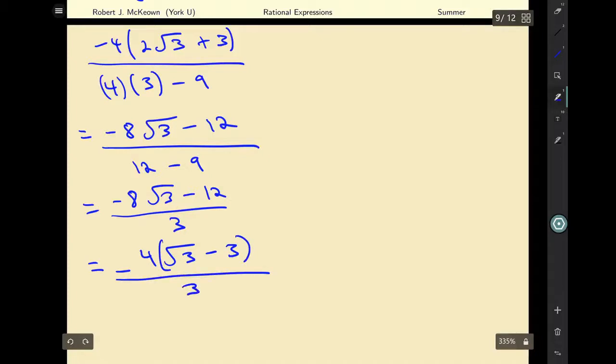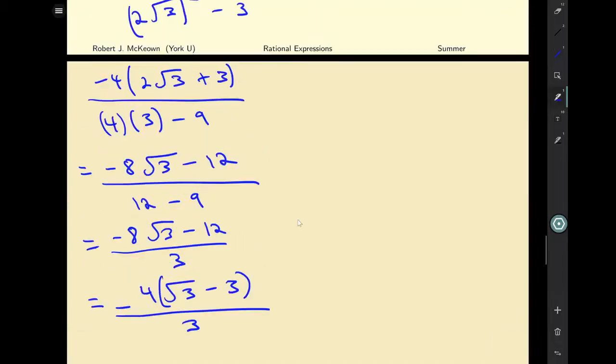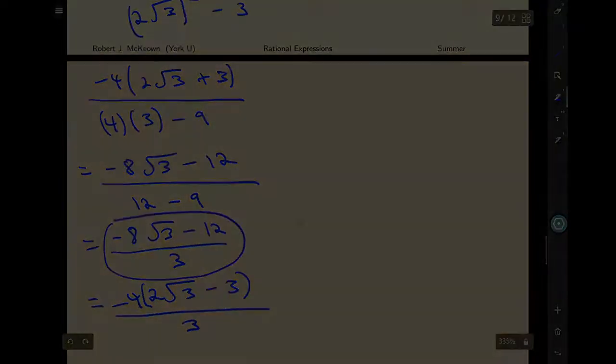That whole thing is going to be divided by 3. And I just realized that I made a little mistake here. I forgot a 2. I should have had a 2 in front of this and a 4 here, like so. And I'll just redraw that thusly. Now when it comes to ALEKS, it doesn't like these brackets, so this is the answer that ALEKS would like.